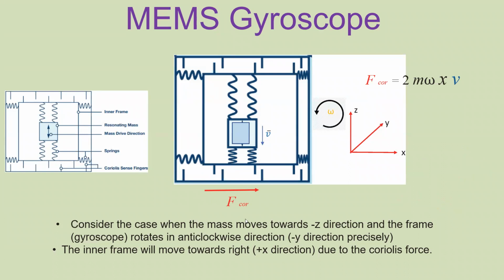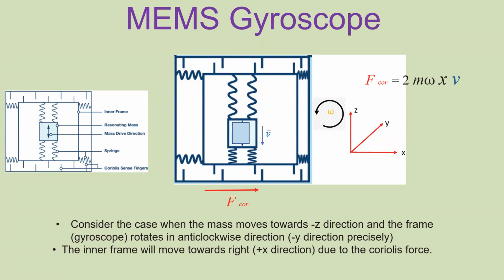How to measure this Coriolis force in this MEMS system is the other aspect that you need to consider. If you remember the lesson on accelerometers, in a MEMS accelerometer, the acceleration was measured by measuring the differential capacitance.